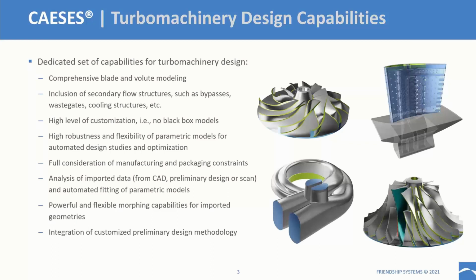You can include not only these bladed geometries or the casings, but also all kinds of other flow structures like bypasses, wastegates, cooling structures, as you see here for the axial blade, but also other parts that come upstream or downstream of your turbomachine, like ducts and things like that. So in general, Cases is not only a turbomachinery tool, but a general purpose tool.